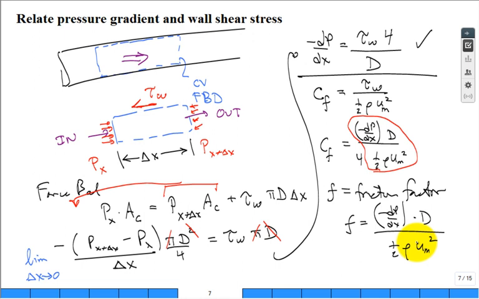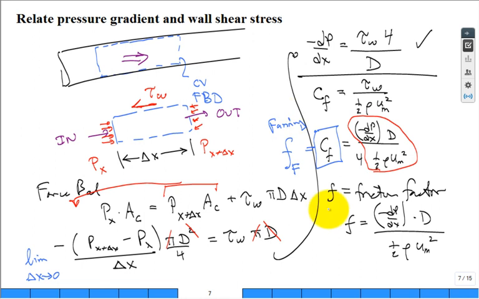And so this brings one of the more confusing areas of fluid mechanics and heat transfer. Sometimes, when people are talking about flow in a pipe, they'll use this friction coefficient. If you look in the history books, they'll call this the Fanning friction coefficient.